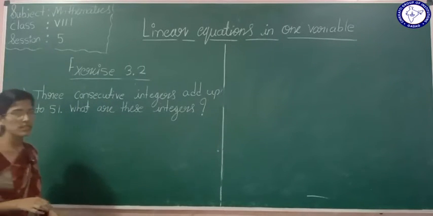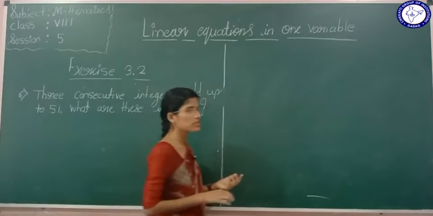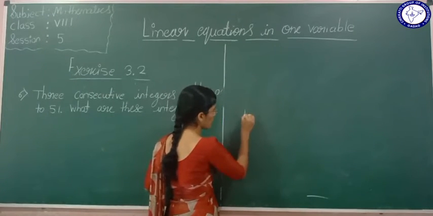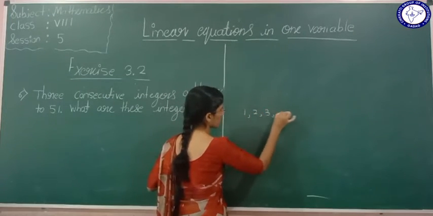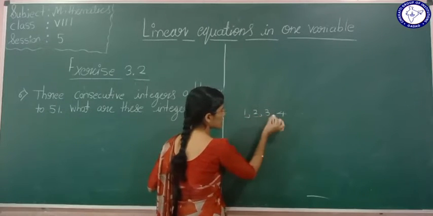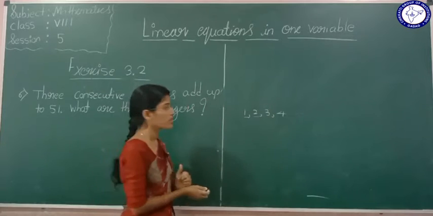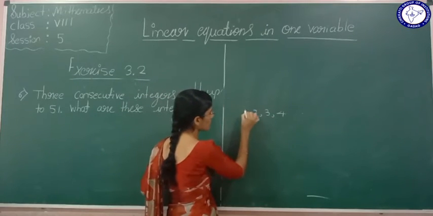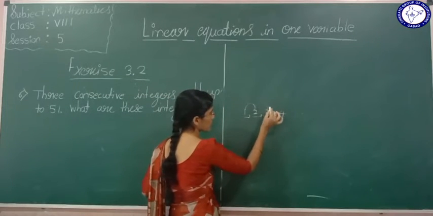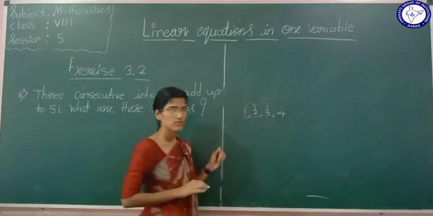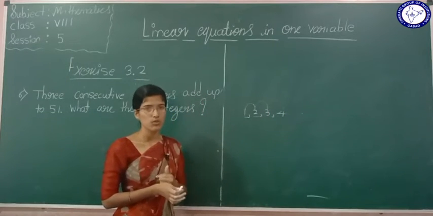I told you in the last class, consecutive means, suppose 1, 2, 3, 4. These are consecutive numbers. Consecutive means after 1, 2 will come, after 2, 3, after 3, 4. That is nothing but consecutive.